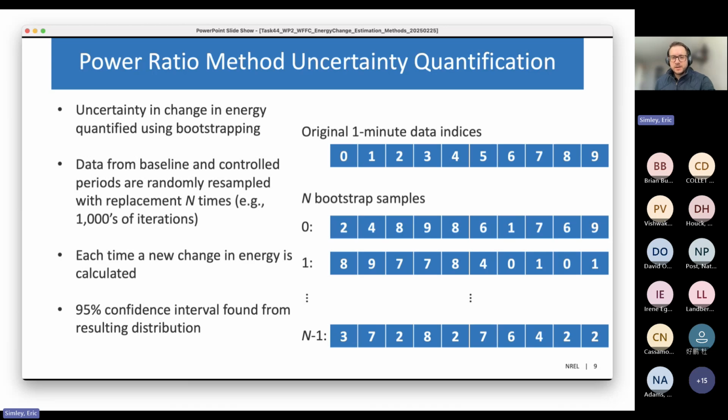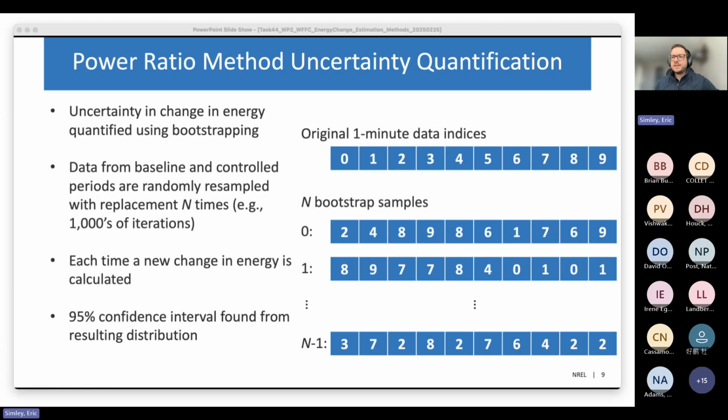So we'll get a kind of random order. We can have certain indices repeating multiple times because we're resampling with replacement. And so these new bootstrap samples are intended to represent if we were to obtain a new sample from our population of data.